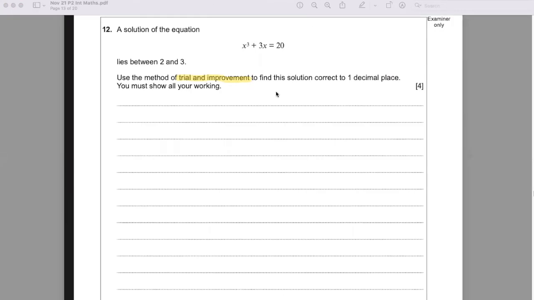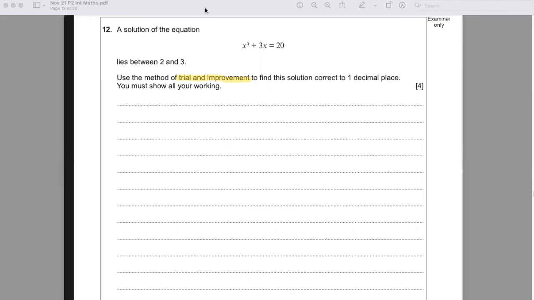So sometimes simultaneous equations can have something in a worded question, it can be a bit harder, or angles can come in different styles of questions. But this trial and improvement question never changes. It's exactly the same. So if you actually haven't done the topic, just go away, practice, and come back and do question 12 in the paper. That way you know if you can actually tackle a past paper question.